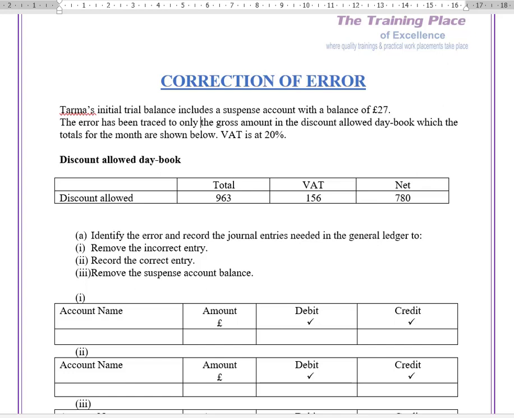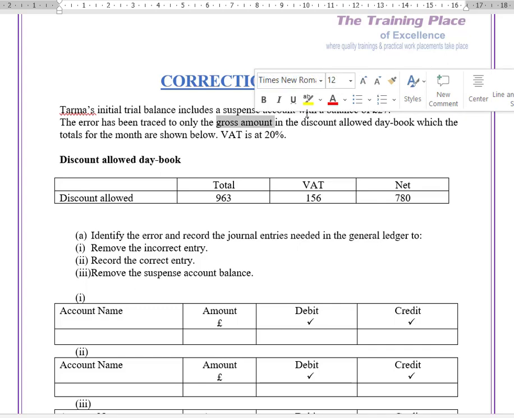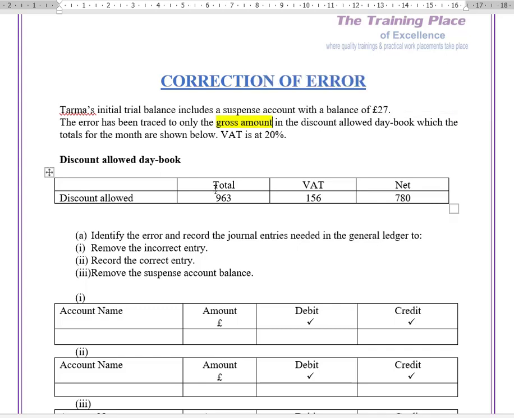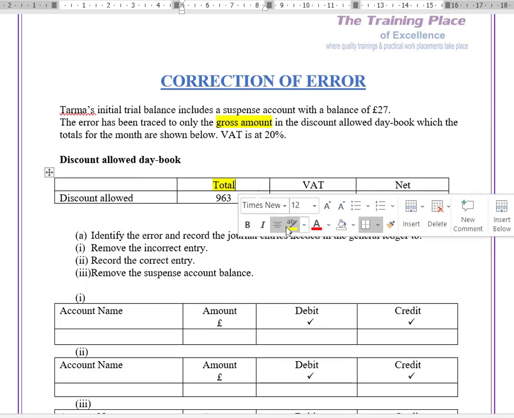So where VAT is at 20%, it implies to me that probably all your discount allowed that you have offered, you have charged 20% on each and every one of them. And then I'm giving the discount allowed daybook, which they've told me that your error is only in the gross amount. Of course, we expect you to know that the gross amount implies to me the total column there.